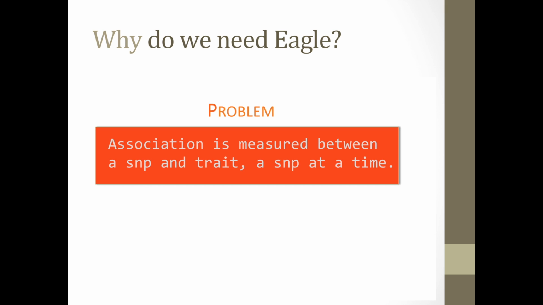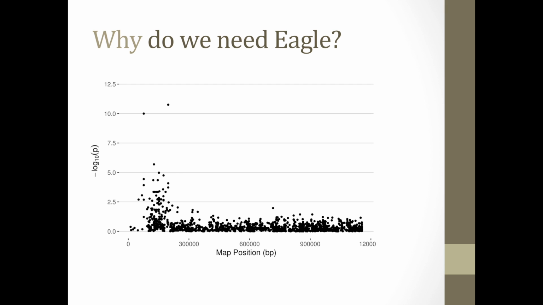But there are some inherent problems in the way plots like this are generated. So first of all, each one of those points is measuring the strength of association between the SNP and the trait. But the way we do that is with a very simple genetic model. So to generate that plot, the analysis is quite complicated.